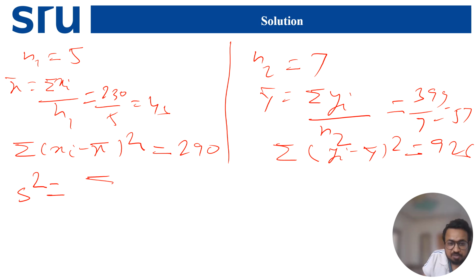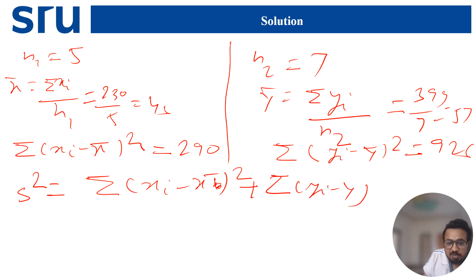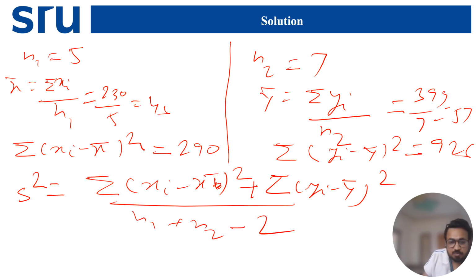So s square is equal to summation xi minus x bar whole square plus summation yi minus y bar whole square, by n1 plus n2 minus 2.